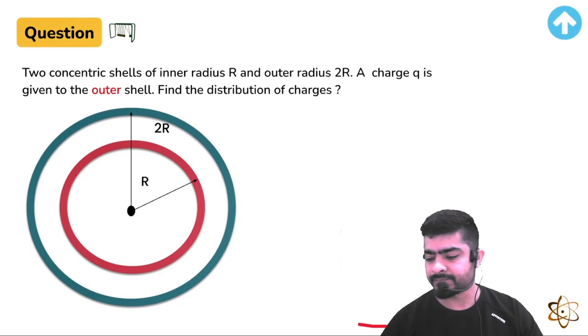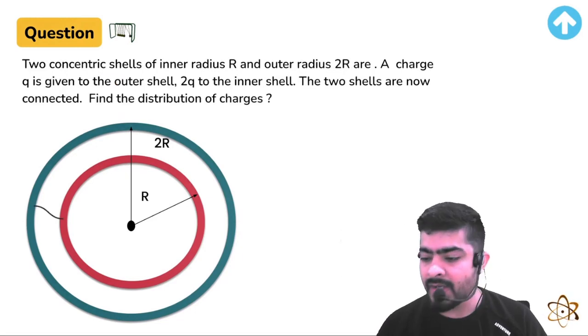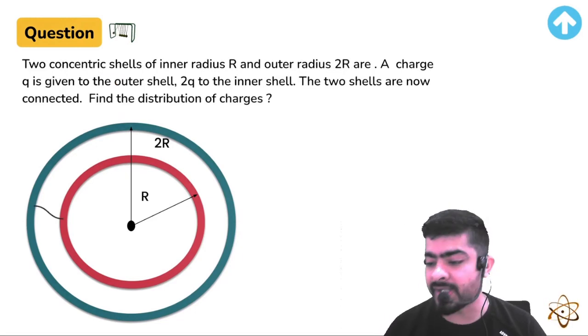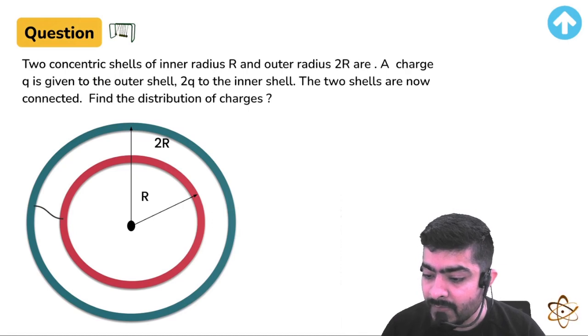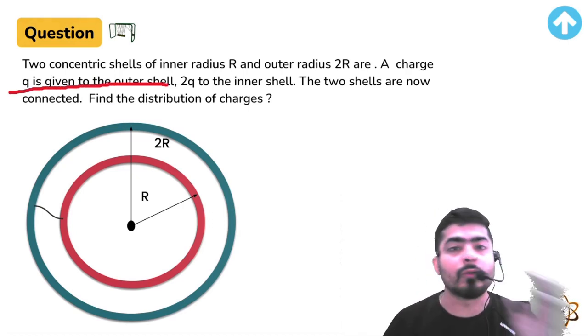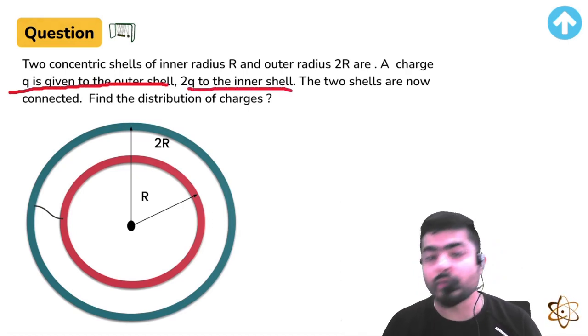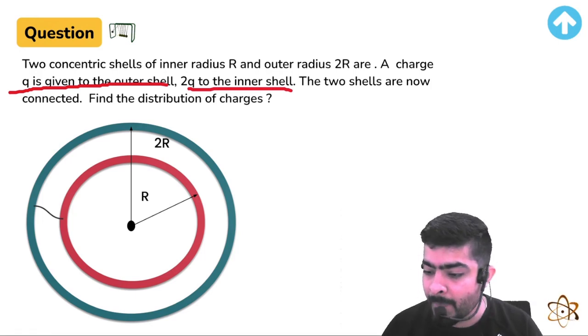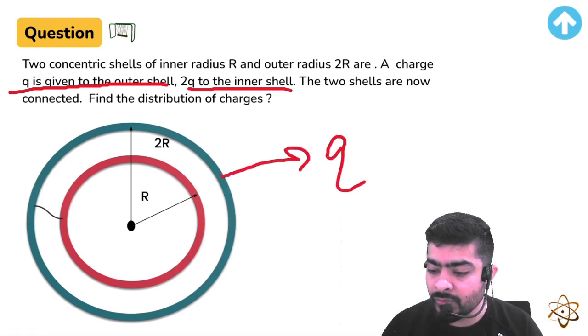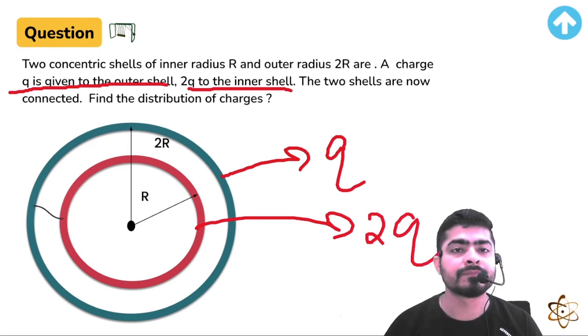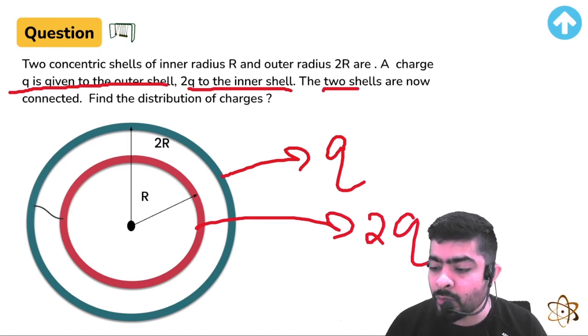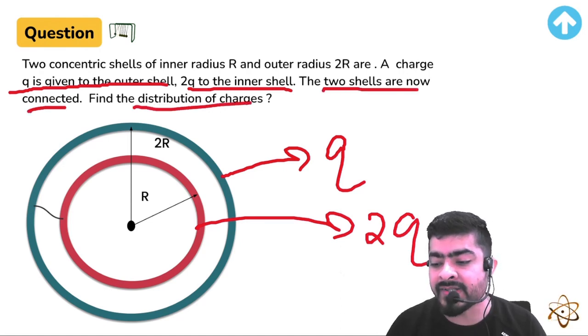Good. Now try this question. Again we have the same two shells. Charge q is given to the outer shell, charge 2q to the inner shell. So this is q, this is 2q, and the two shells are now connected. So find the distribution of charges.